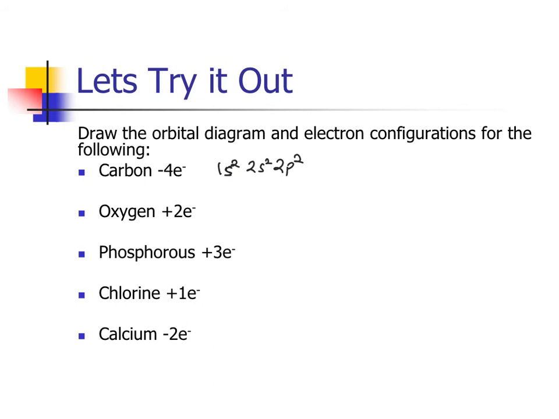Because it's lost 4 electrons, it has an electron configuration of 1s2. Which would be the same electron configuration as helium.